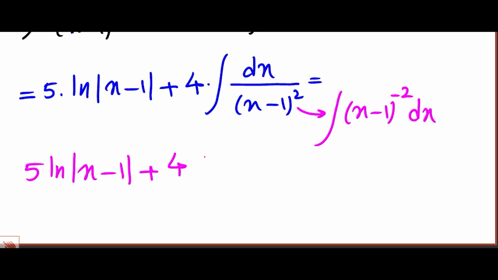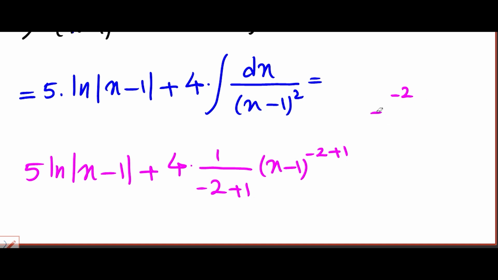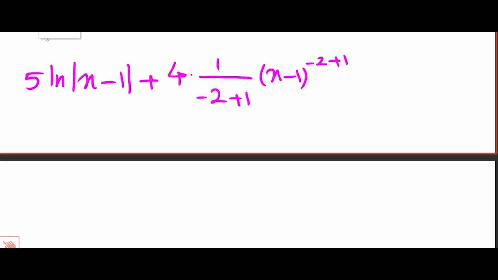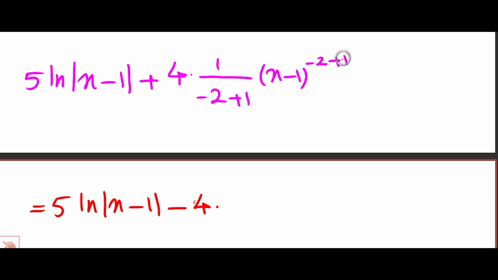And if we use the power rule, we have 1 over negative 2 plus 1 times x minus 1 to the power of negative 2 plus 1, right? And final answer is 5 times ln of the absolute value of x minus 1 plus 4 over negative 2 plus 1 is negative 4 times x minus 1 to the power of negative 1 means 4 over x minus 1 plus c.